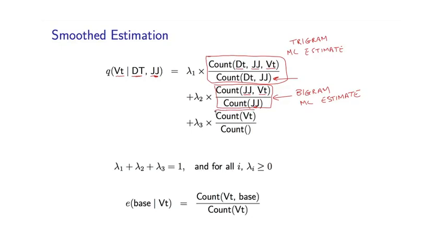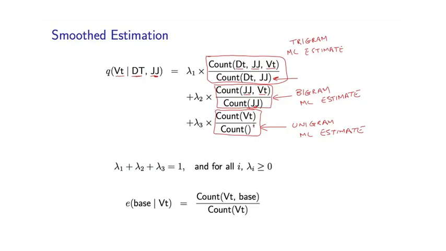And finally, I have the unigram ML estimate. On the numerator is the number of times I've seen the tag VT, and on the denominator is the total number of tags I've seen in my entire training corpus.